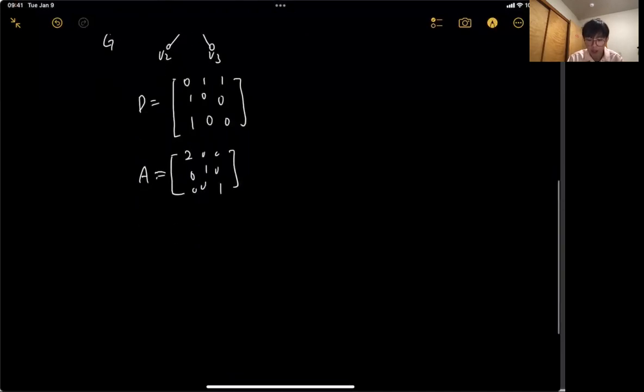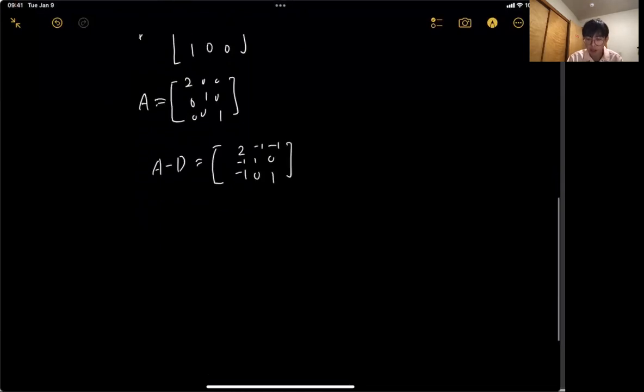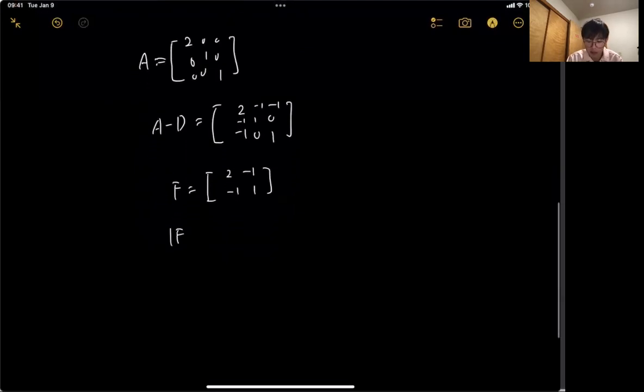Now A minus D gives this matrix: 2, minus 1, minus 1; minus 1, 1, 0; minus 1, 0, 1. Then F is the matrix obtained by deleting the last row and last column, so we have 2, minus 1, minus 1, 1. Evaluating the determinant, we get 2 minus 1, which is 1. So the number of spanning trees in this graph is just 1.